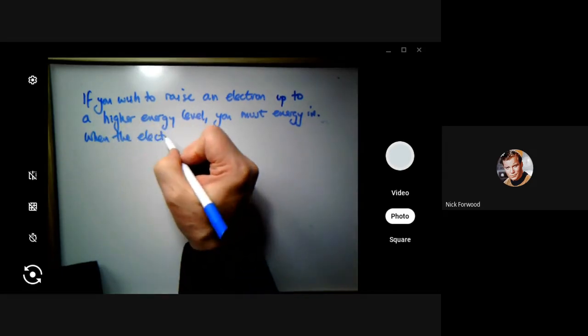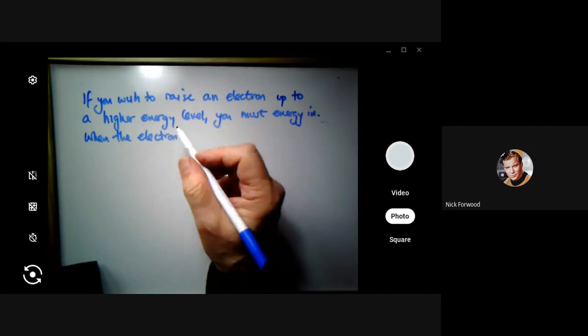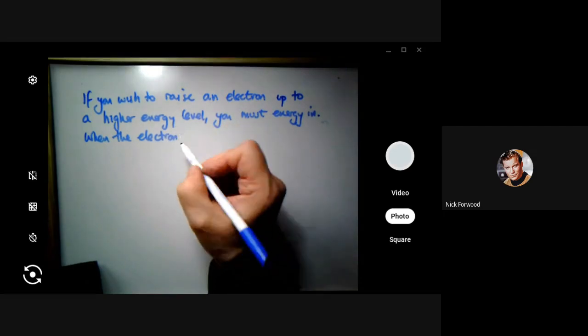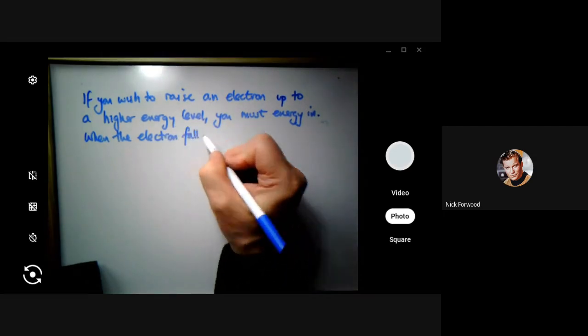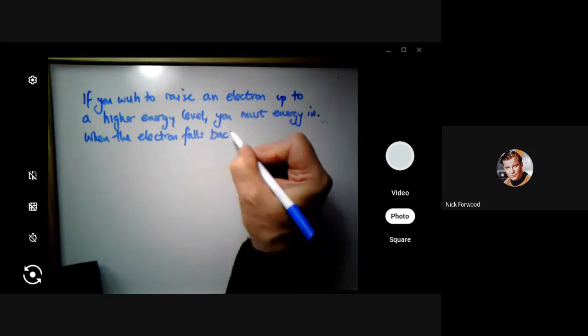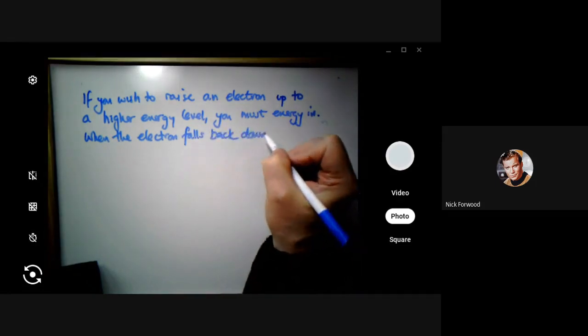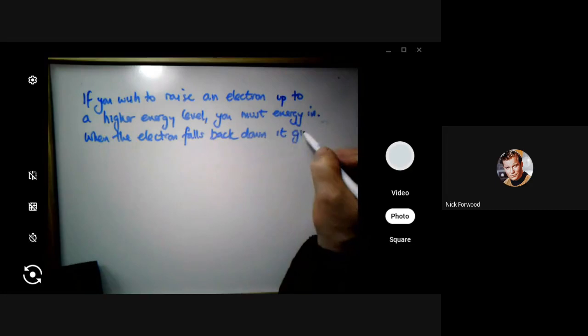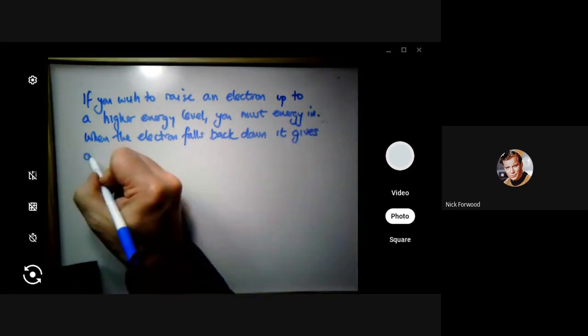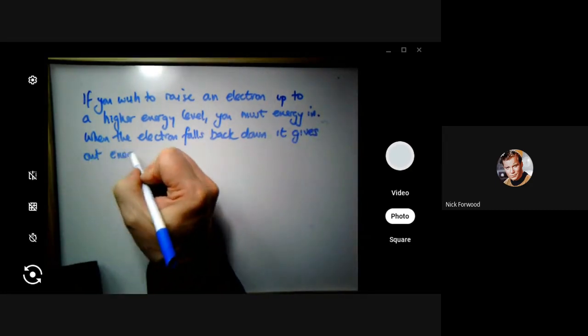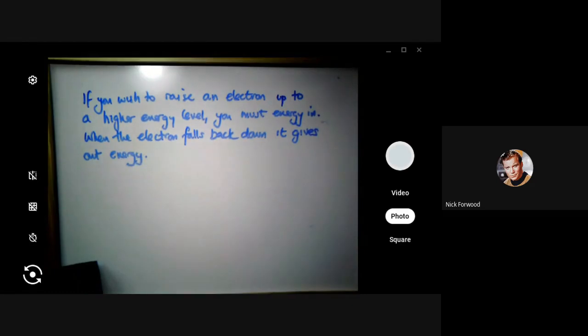Just like the ball, if you pick the ball up, or the building that tumbles down, when the electron falls back down, it gives out energy. There you are. That's quite important. That's an important statement about what's going on.